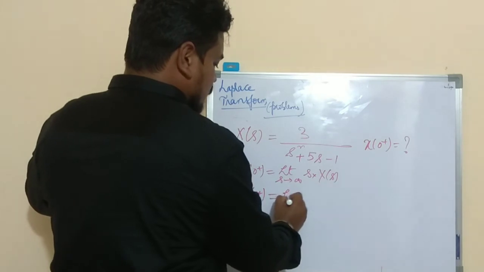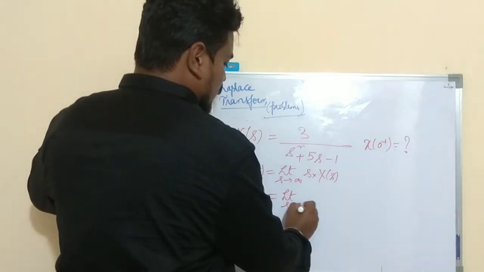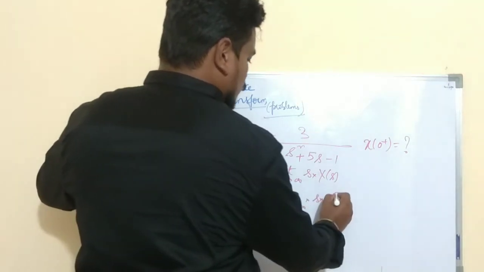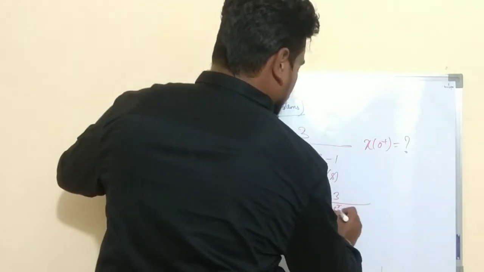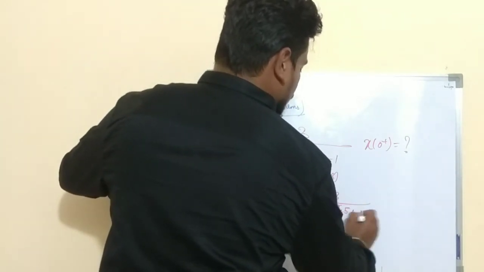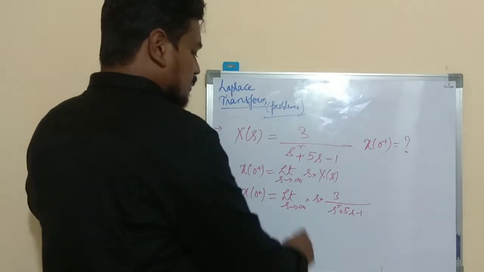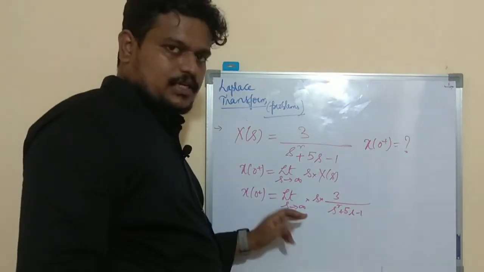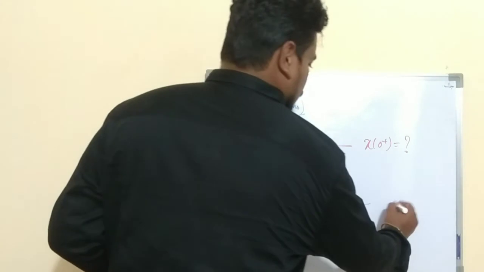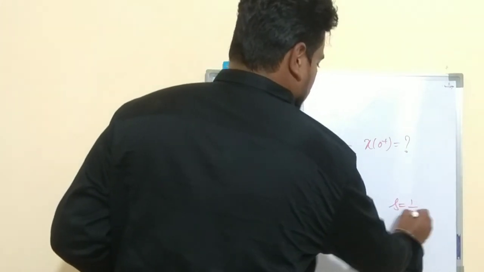Now you are supposed to calculate this x(0 plus). That is limit s tends to infinity s into 3 divided by s square plus 5s minus 1. Here, substituting s equals infinity is a little difficult. So I have taken s equal to 1 by x here.